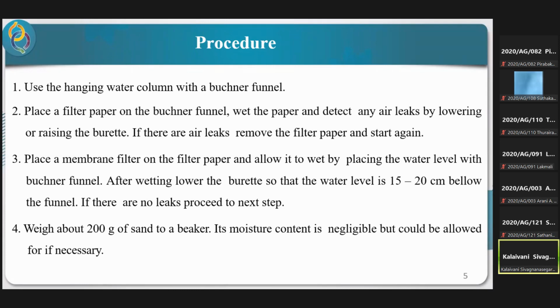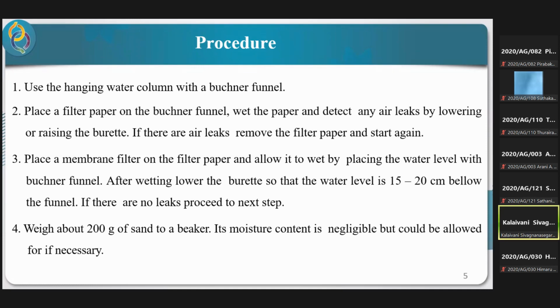Also you can observe any water leaks. By placing proper tubes, you have to check all the connections using a filter paper.